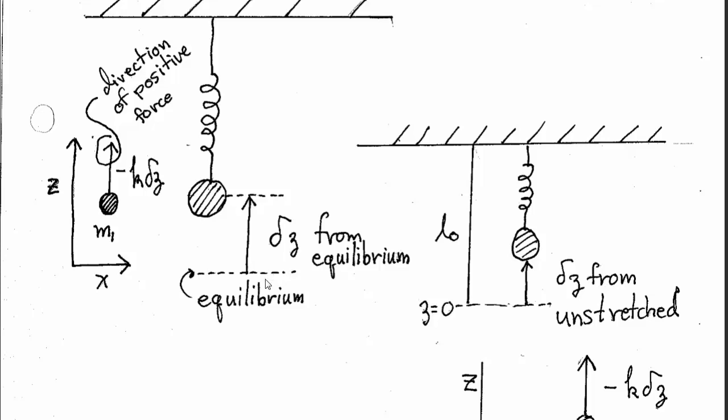In that case, there is an additional spring force due to the motion of the mass relative to its resting point, and that additional displacement of the spring gives us an additional force K delta Z. If I write the force diagram for the mass, well, we start at the unstretched length, we sag down to the equilibrium length, the spring is giving an upwards force, gravity is giving a downwards force, those two are adding to zero, and the only net force I have left is the K delta Z, the movement of the mass from its equilibrium position.